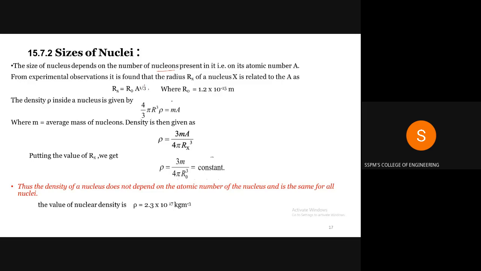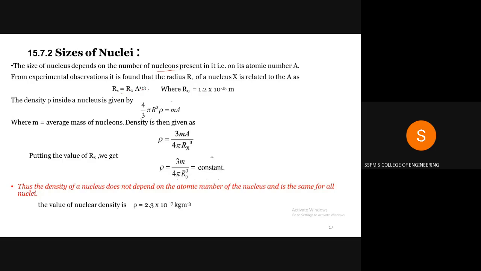From experimental observations, it is found that the radius of a nucleus X is related to A as R = R0 × A^(1/3). This means R is directly proportional to A^(1/3).